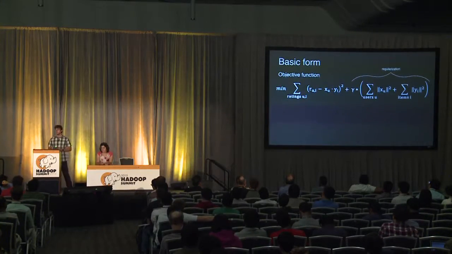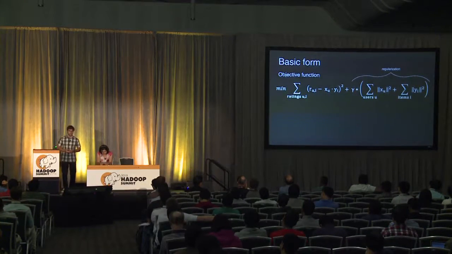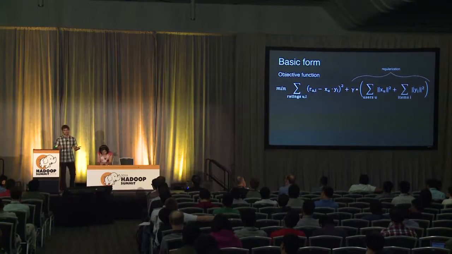Because we are dealing with a lot of free parameters in this equation, we need the regularization part, which basically prevents feature values from becoming very large and also prevents numerical problems while doing this computation.